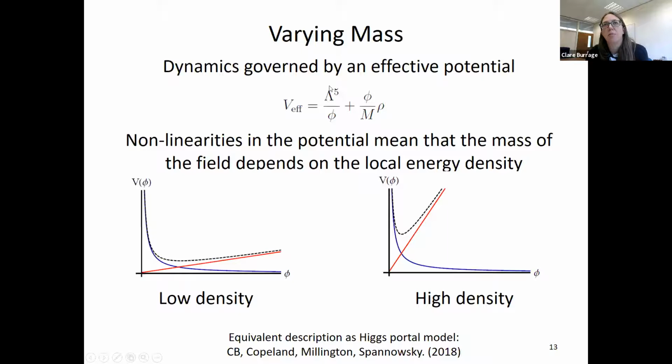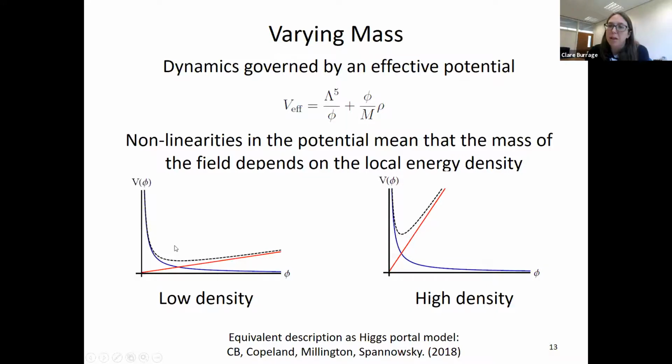This is what we've just seen: our inverse power law with some new scale lambda in it, and our coupling to matter sourced by the density. The combination of those two terms means that the effective potential, the sum of the two, has a minimum. So there's a nice position now for the field to be stabilized in, which is good.